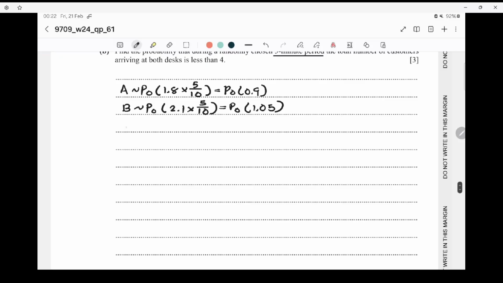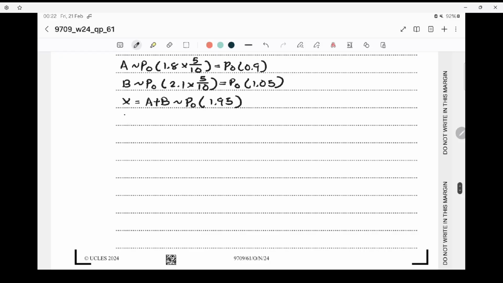So you need to, let's say, denote X equals to A plus B. So your Poisson distribution would be just adding them together, 1.95. So P(X smaller than 4) will be P(X equals 0), X equals 1, X equals 2, X equals 3.